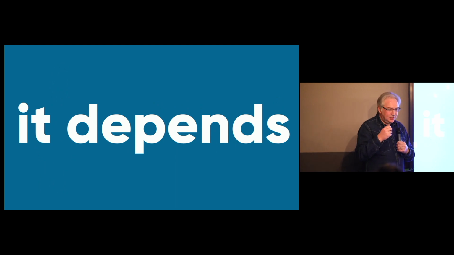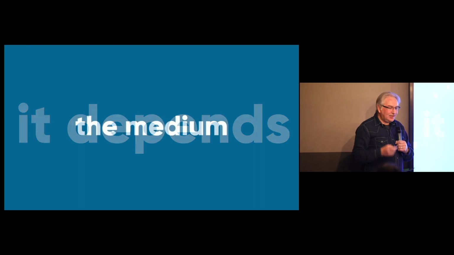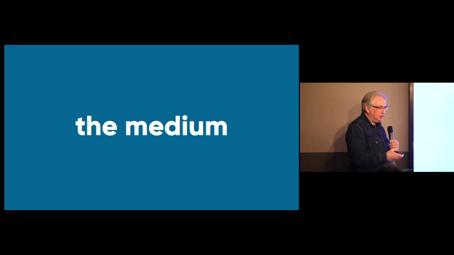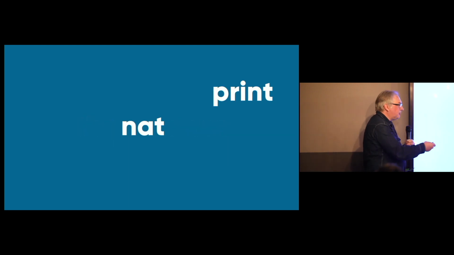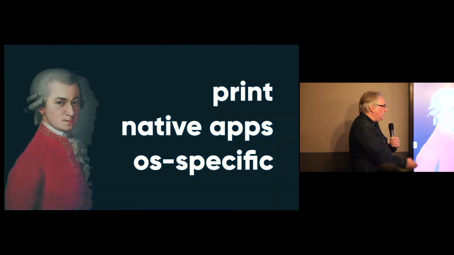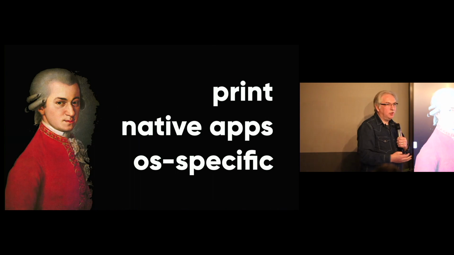And I would say that a declarative or an imperative approach depends on one last thing, and that's the medium you're working in. Maybe that should influence the approach you take. So if you're working in a medium like print or building native apps or OS-specific apps for the desktop computers, then maybe the more imperative approach makes sense because you do have quite a bit of control over the medium.